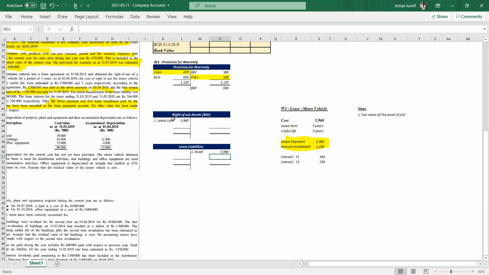When we purchase an asset on lease, the first entry is asset account debit, payable account, lease liability account credit.